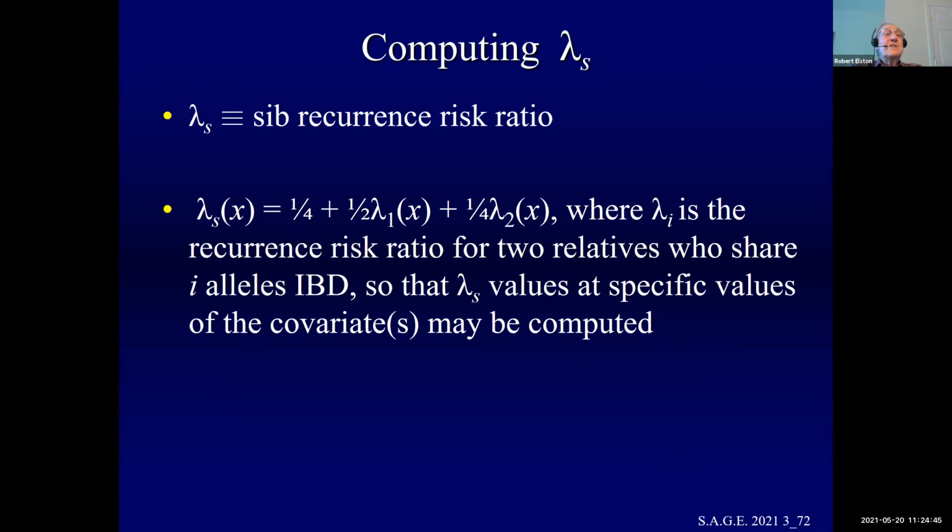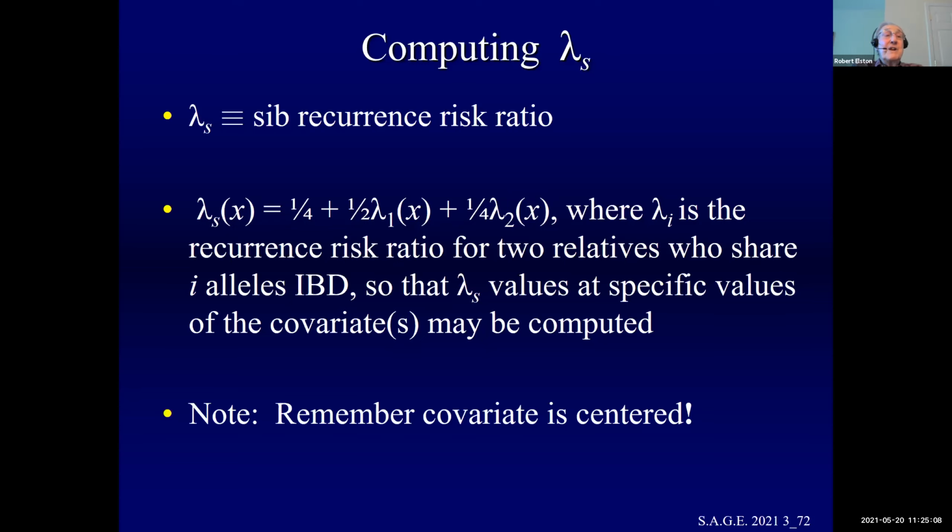So that's a quarter plus a half, the relative risk of two relatives who share 1, lambda 1 at the value X, plus a quarter, lambda 2, the recurrence risk ratio of two relatives who share two alleles identical by descent. And all this at specific values of the covariates. That can often be extremely helpful in detecting things. Remember, the covariates are always centered.